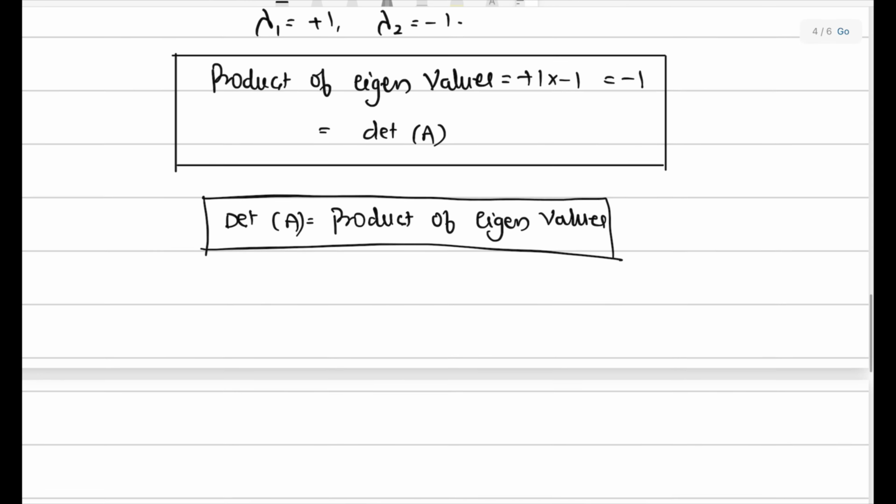What is the sum of the eigenvalues? Sum of the eigenvalues is plus 1 minus 1, that is equal to 0.